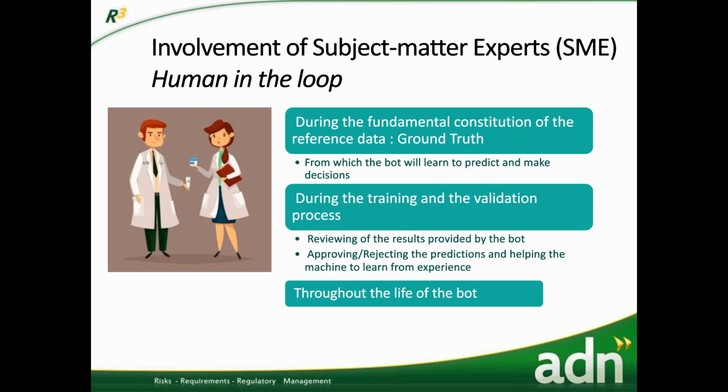So during the whole life of a bot, and especially if it includes cognitive technology, there is still a subject matter expert that is involved in its learning, validation, and also its monitoring.